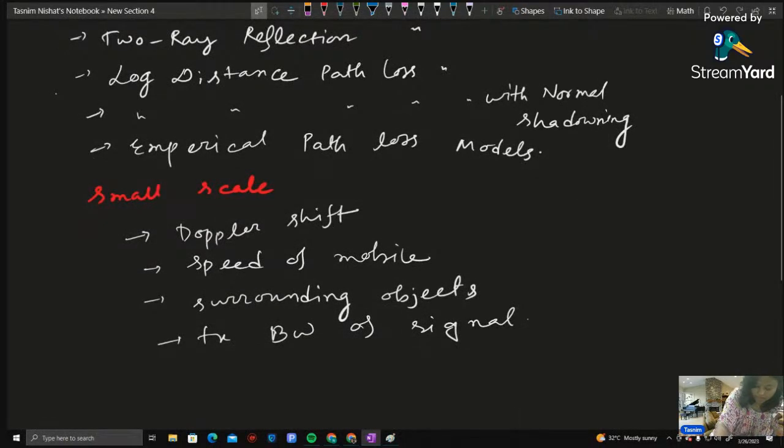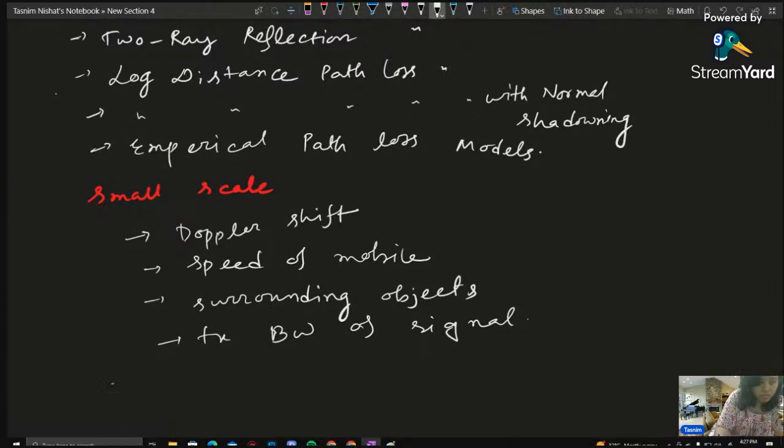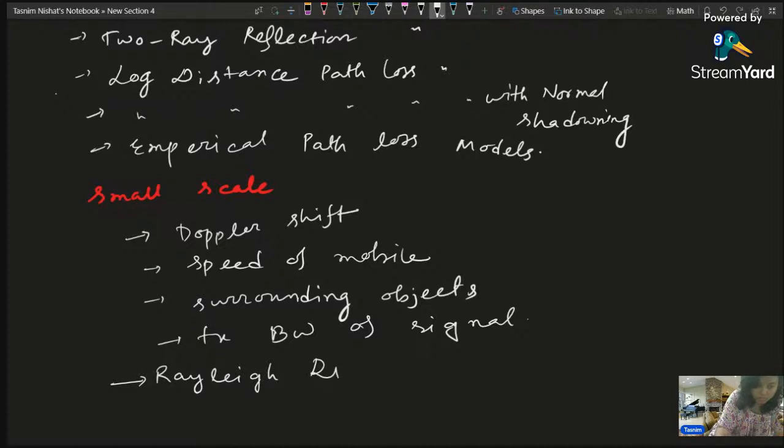And next we have, so for this we particularly have Rayleigh distribution, Rayleigh fading model and Rician fading model.